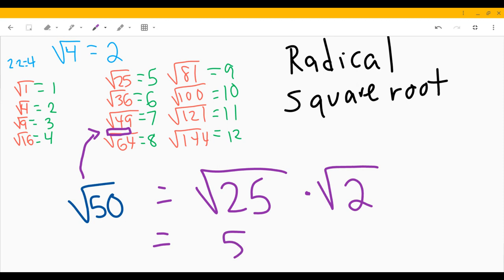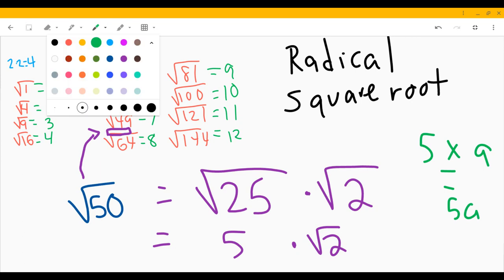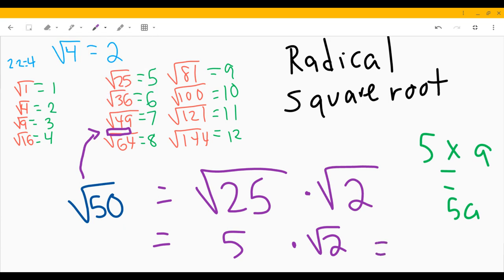So it's going to be simplified to 5 times radical 2, or just as how we know that 5 times a equals 5a, we can combine these values together. Instead of writing 5 times radical 2, we can say 5 radical 2.